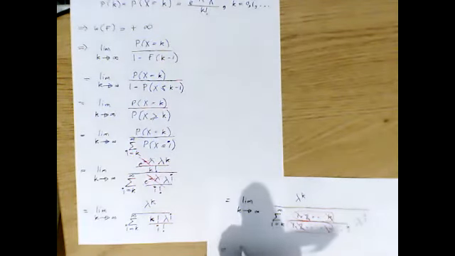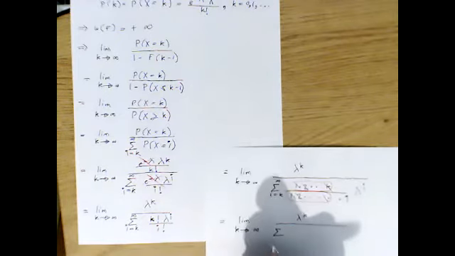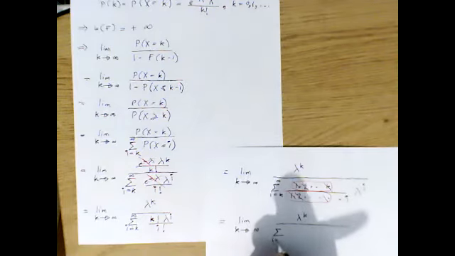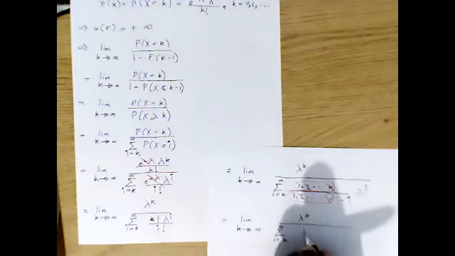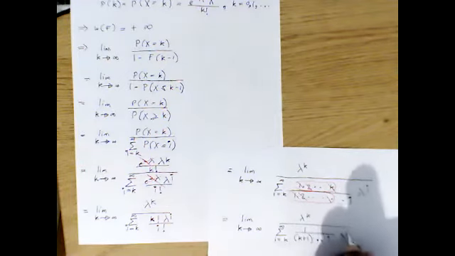All right. So you have the following. You have the limit as k goes to infinity of this one to the power i, then lambda to the power i.